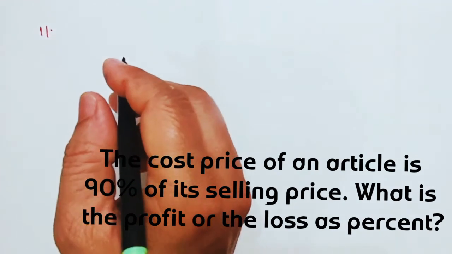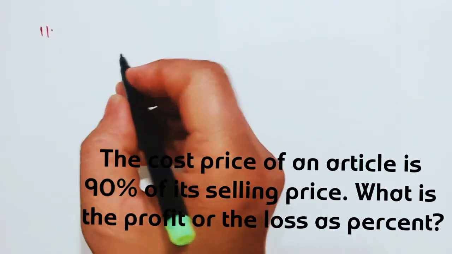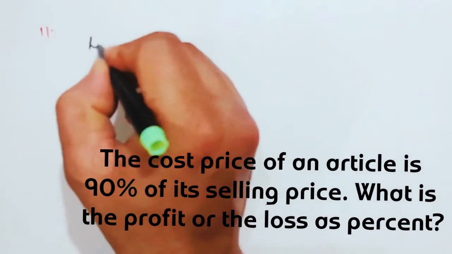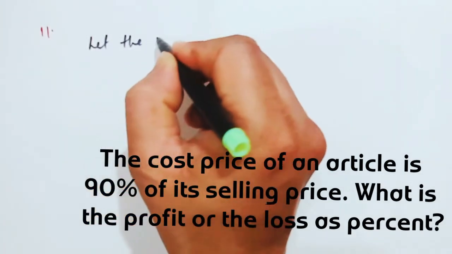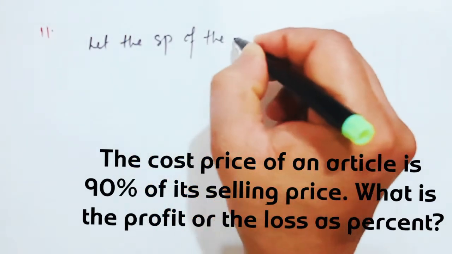Number 11. The cost price of an article is 90% of its selling price. Do you know the selling price? No. So let the selling price of the article be equal to 100.